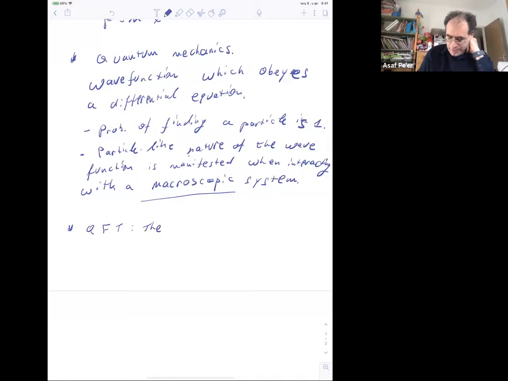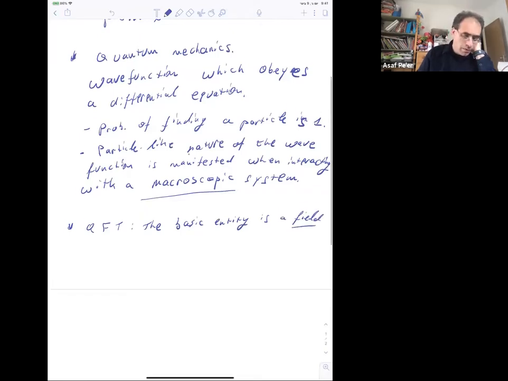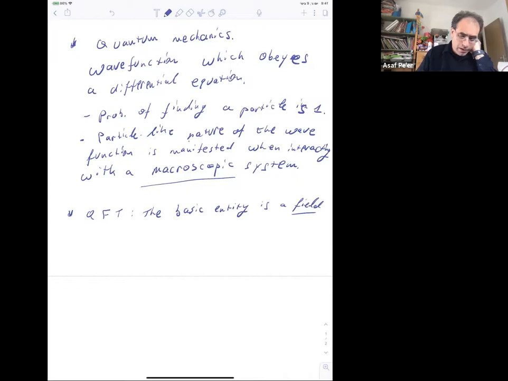The basic entity is a field, which fulfills a similar differential equation.